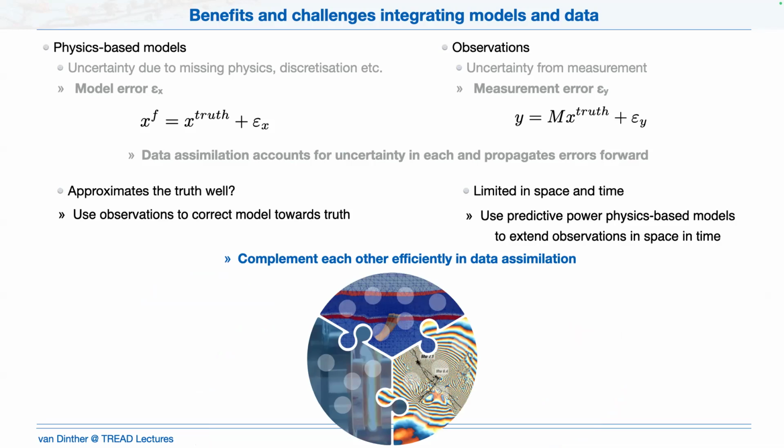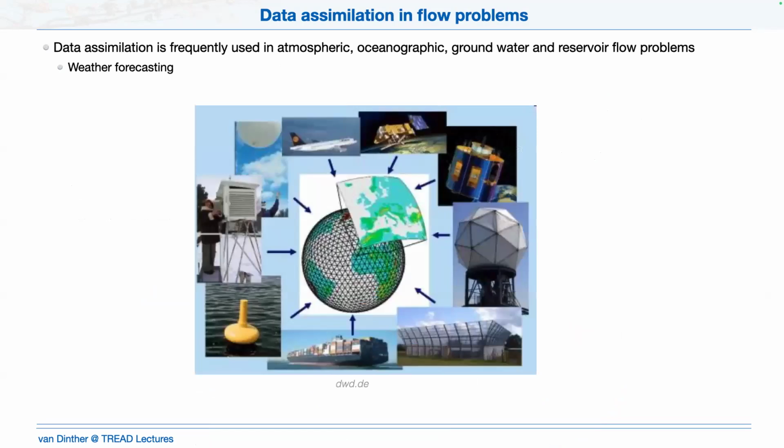So in the end, these two really complement each other, and data assimilation provides an effective way to do that integration in a statistical, robust manner. And this is all adopted from weather forecasting. Also, oceanographers, groundwater people, reservoir flow people are adopting these data assimilation methods. It's all relating to some form of geophysical flow.